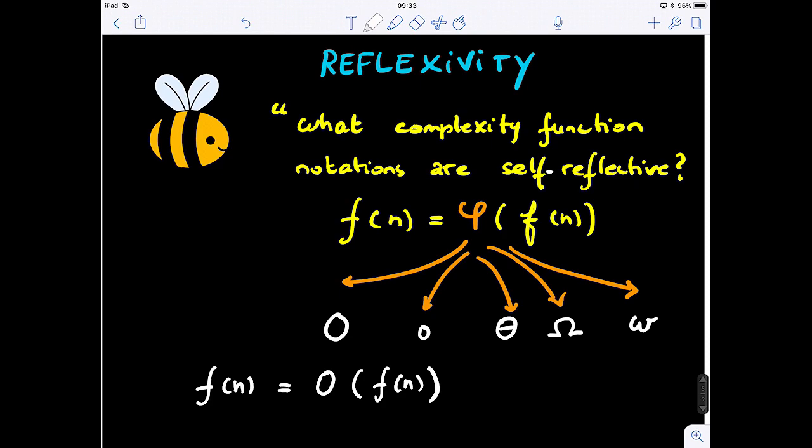Which classes are self-reflective? Big O, yes or no? Yes. Little o? No. Theta? Yes. Big omega? Yes. Little omega? No. Very good, quite easy.